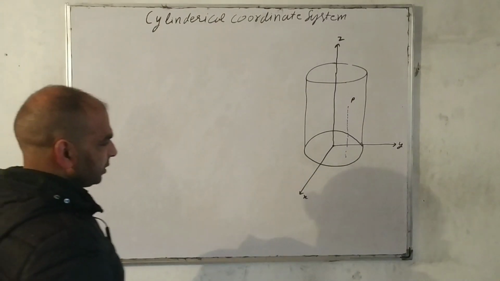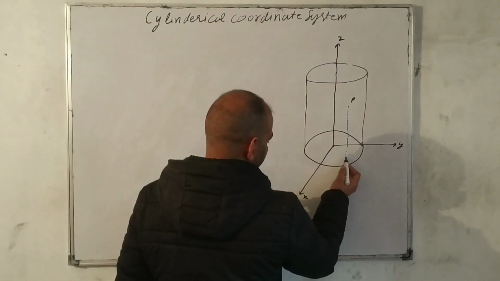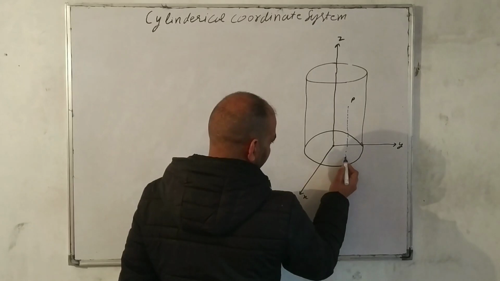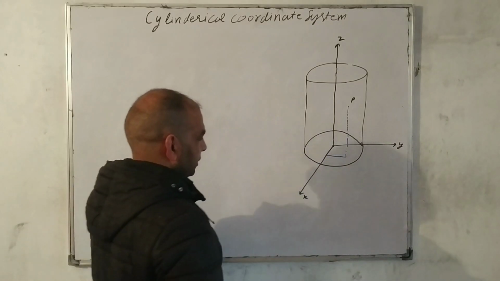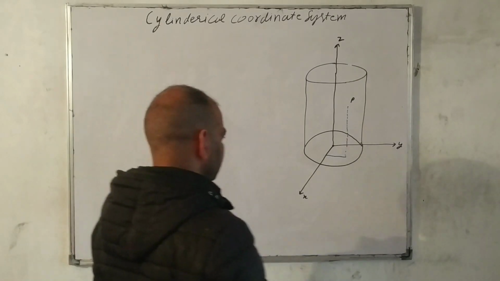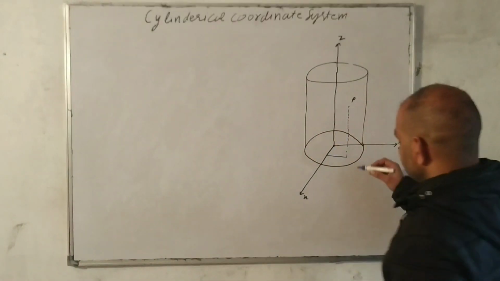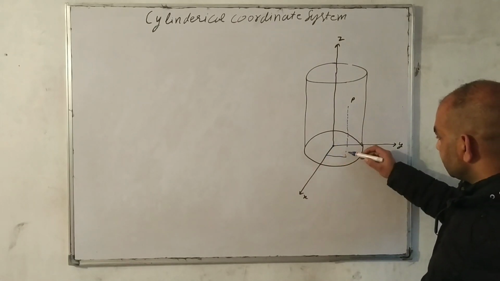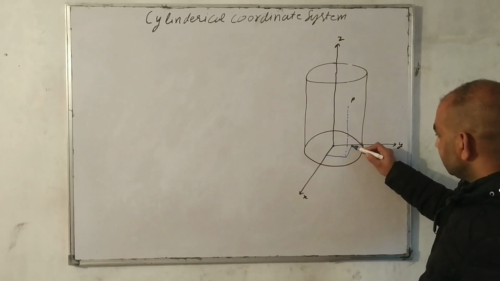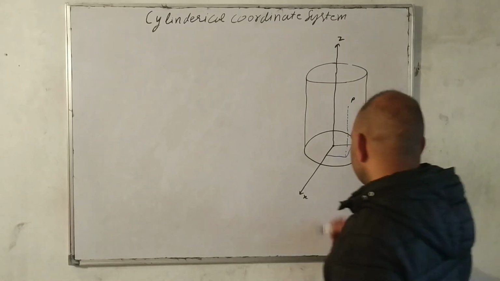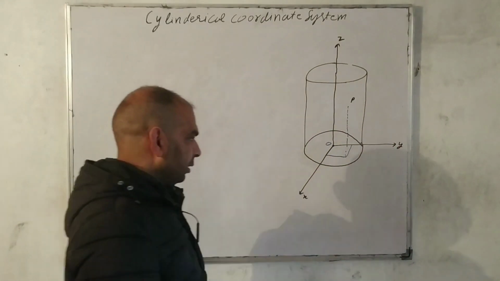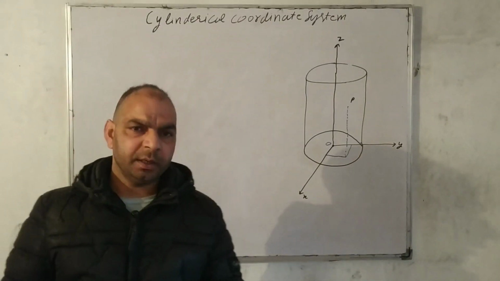From this point we will draw a line parallel to the y axis. Similarly, we will draw another line which is parallel to the x axis. So it will be like this. This is our origin. We will do all our observation from point O.